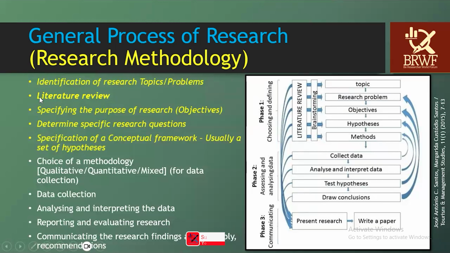We have already covered the identification of research topic or problem, then how to conduct a literature review, then how to specify research questions or research objective, and how to develop a conceptual framework. That means the prediction of your research outcome, an early assumption of your research outcome, which we can call research hypothesis. All the things already have been covered.